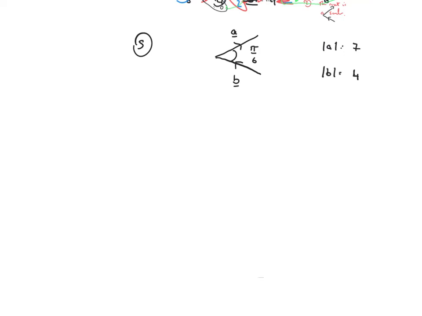So A dot B equals magnitude A times magnitude B times cos theta, and the vectors must point away from the vertex. So I've got a problem here, which is that this one does point away from the vertex, this one points in.